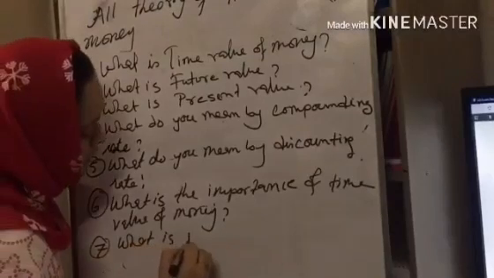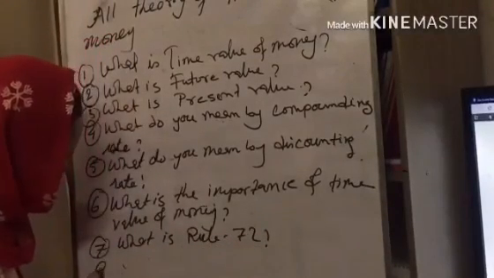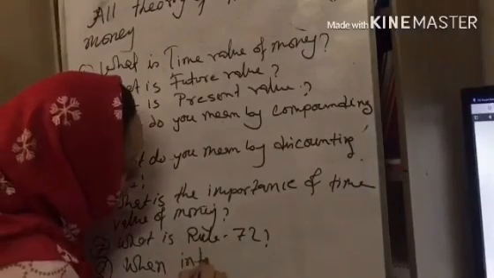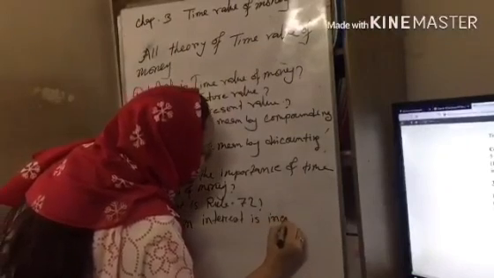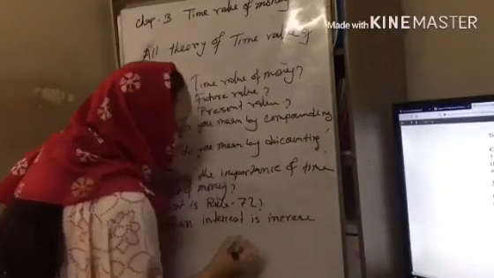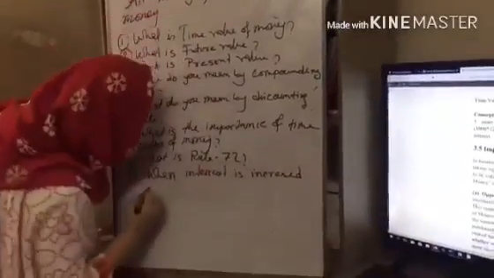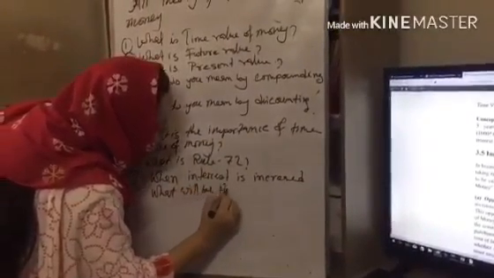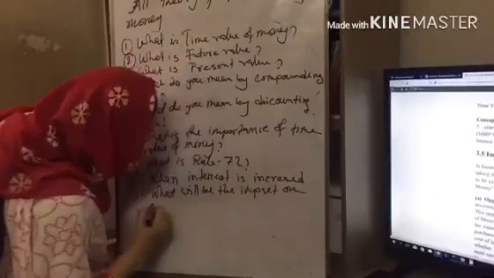What is Rule 72? When interest rate is increased, what will be the impact on present value?